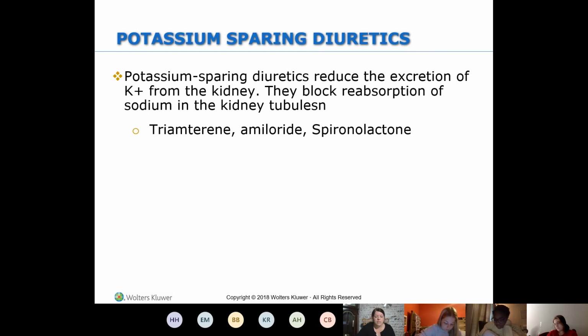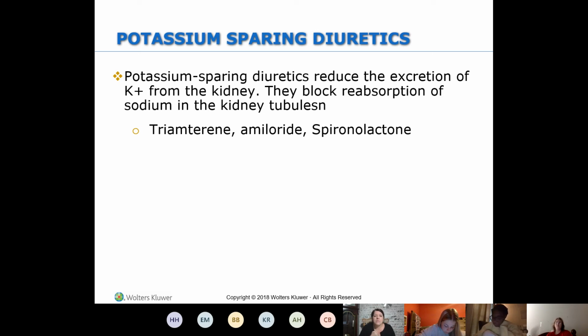All right, now the next one that we're talking about is potassium sparing diuretics. So if they're sparing potassium, they are saving it. We're not excreting it with these diuretics, okay?